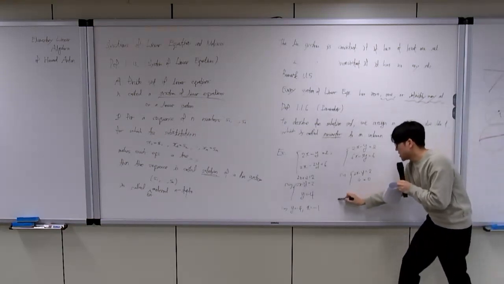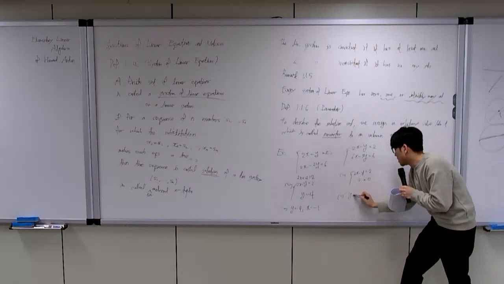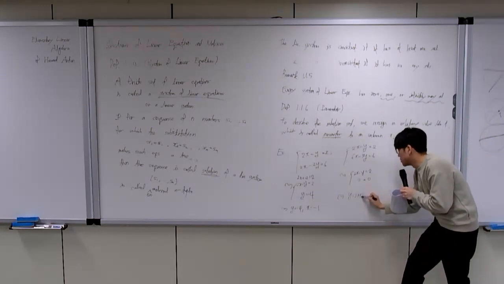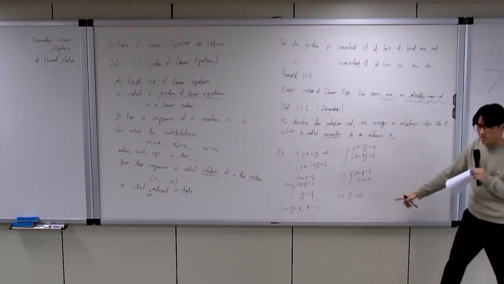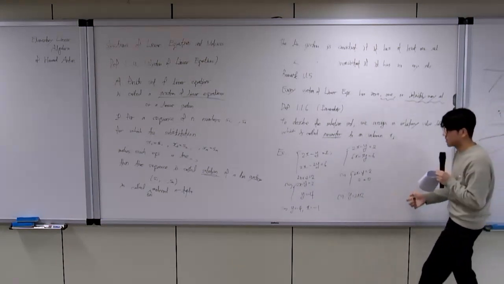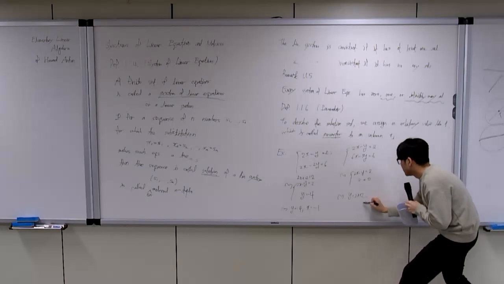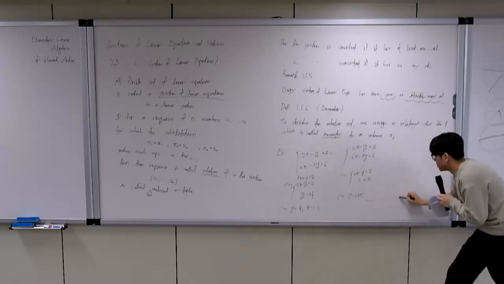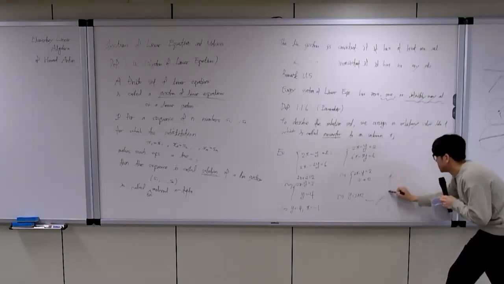So in this case we get y equal to 2x plus 2, and if we find the solution set, it will be drawn as this line.